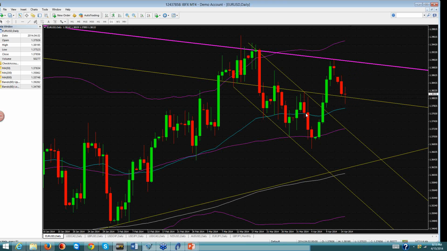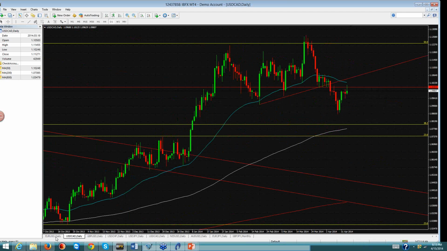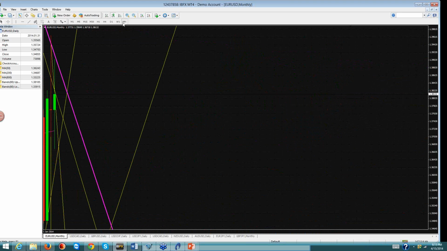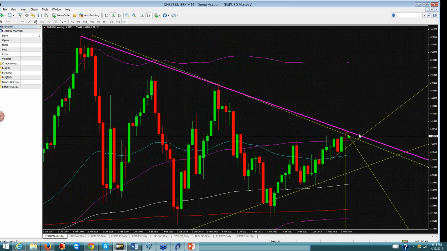So you're just going to have to watch your own market activity here. I don't have a really clear idea of where the market's going to go today per se, but I am very clear about what I do think it's going to do eventually. And I do think there's a very strong chance that price is going to continue to break downward looking at this monthly chart, unless of course this resistance area is broken above on the monthly.